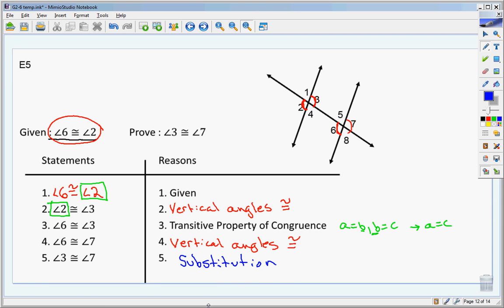Everybody good with what's there? Go back. Okay. On number 5. So, what's the difference between 5 and 3? Okay. If you look at number 3, this said 6 and 2. Where this stopped, this one started.